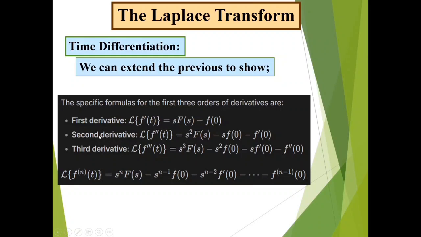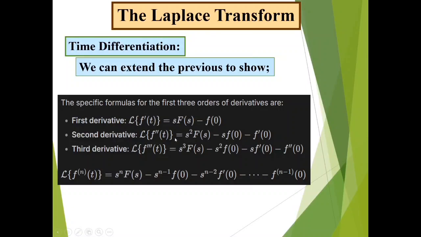So from that we can write the second derivative: L of f double dash of t is equal to s square into F of s minus s into f of 0 minus f dash of 0. So this can be extended to the third derivative. L of f triple dash of t is equal to s cube into F of s minus s square into f of 0 minus s into f dash of 0 minus f double dash of 0.